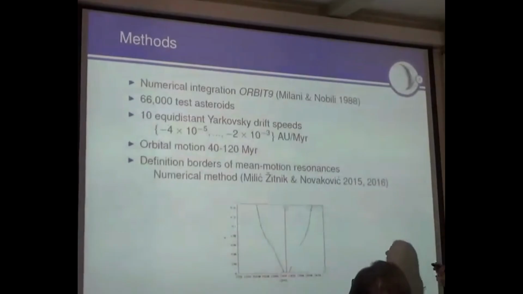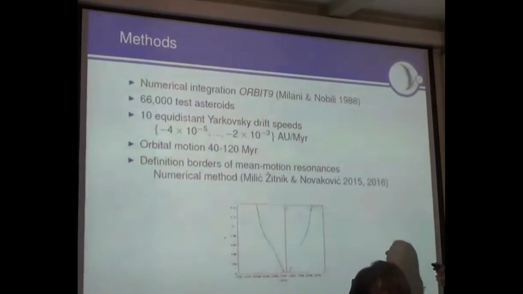the test asteroids for each of our resonances. We made an input catalog with 600 test asteroids for each of the 10 equidistant Yarkovsky drift speeds, and for 11 resonances we got this number. And we put these test asteroids very close to the outer border, but outside it.